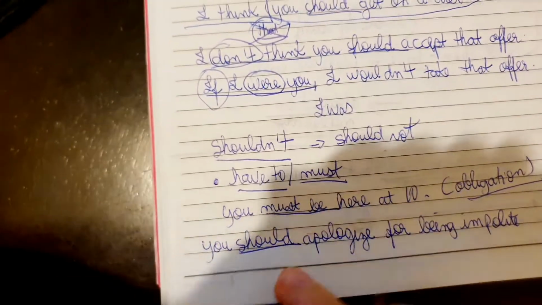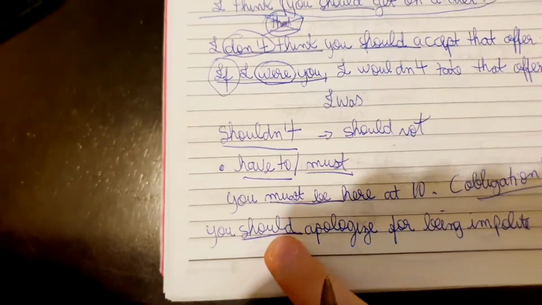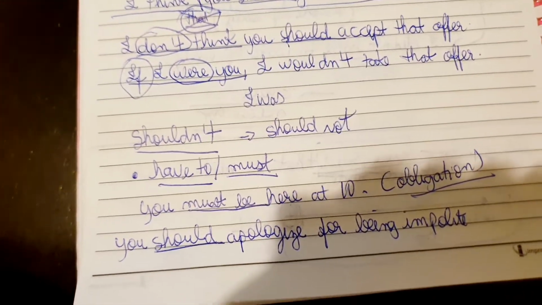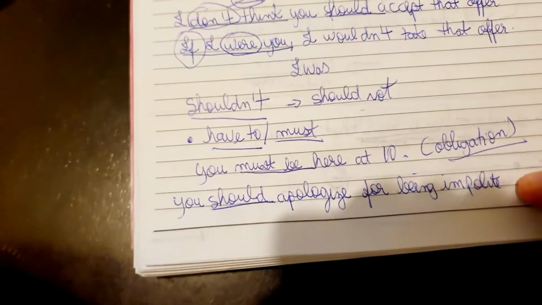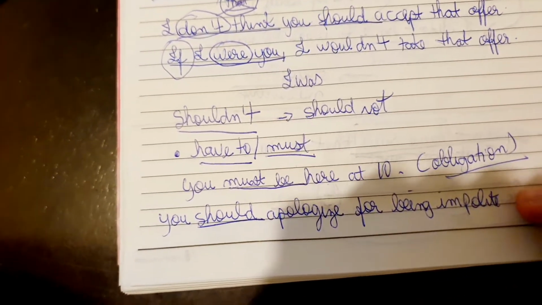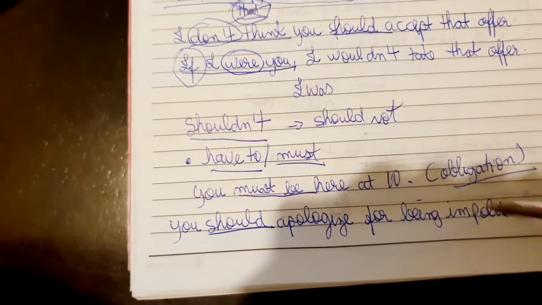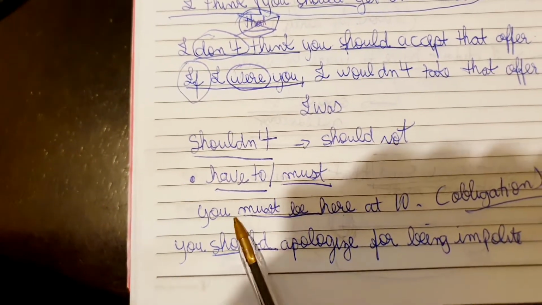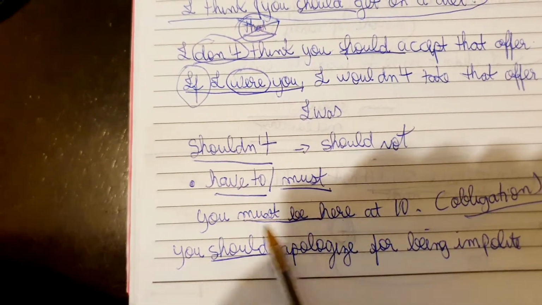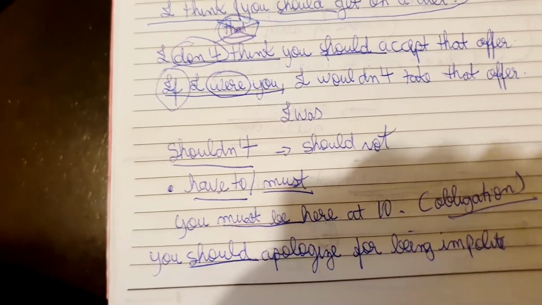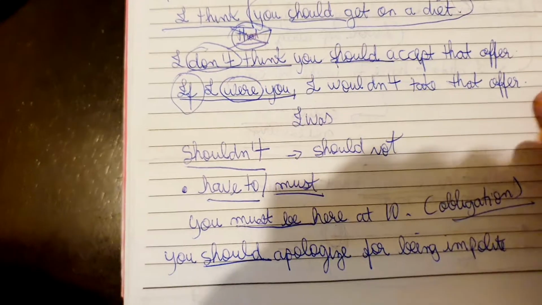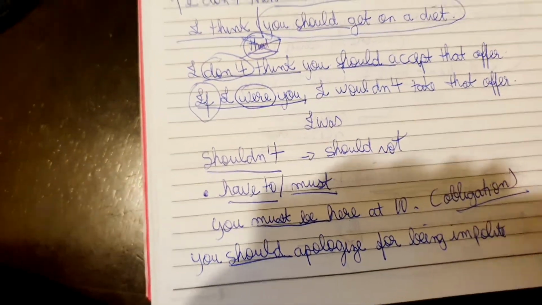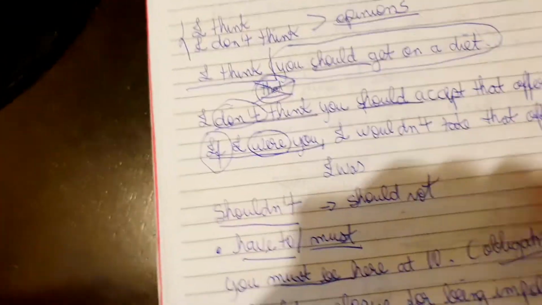Should is a piece of advice. It would be a good thing to do. Is it necessary? No, it's just a recommendation. You do it or not. But when you use the verb must, you have no way out. It's an obligation. It's something that you are supposed to do after all. Okay?